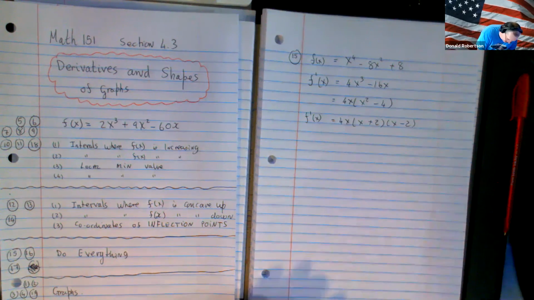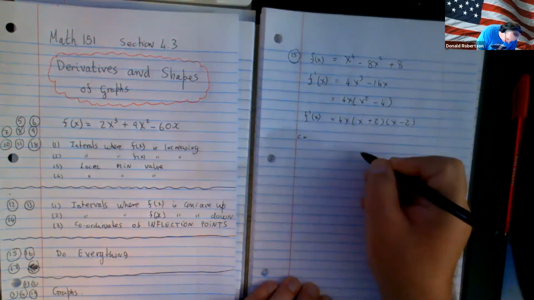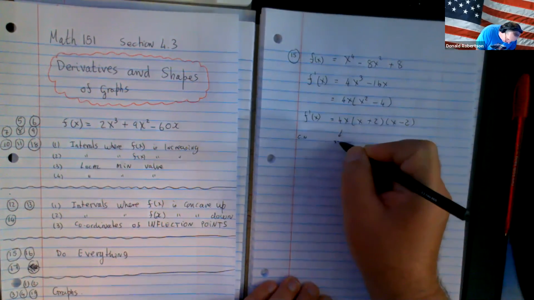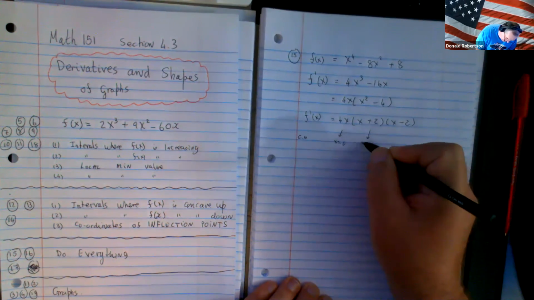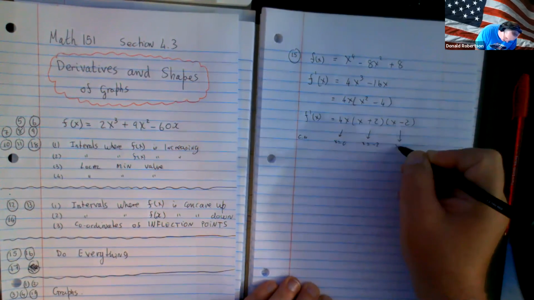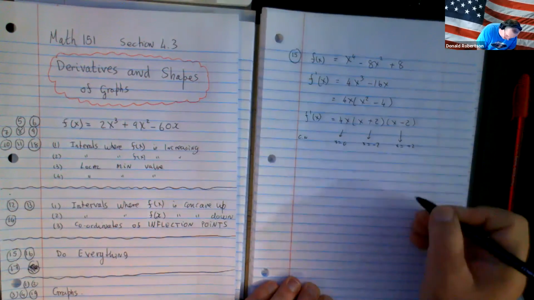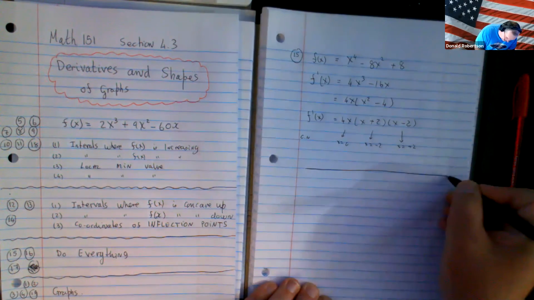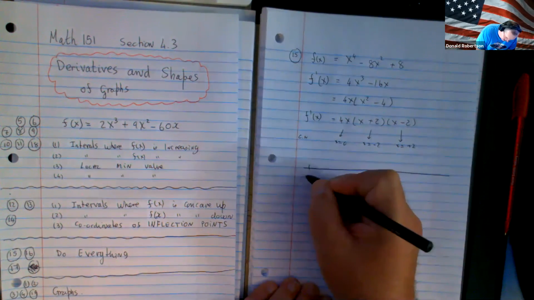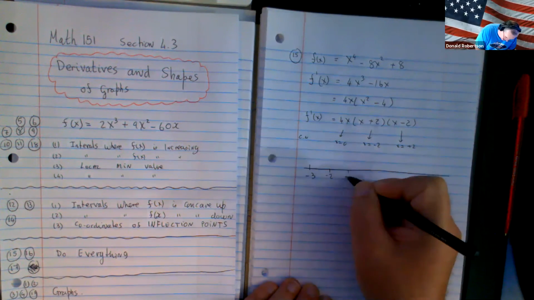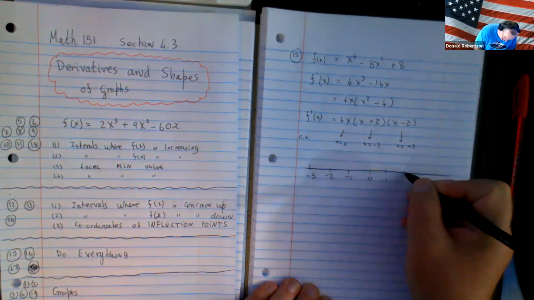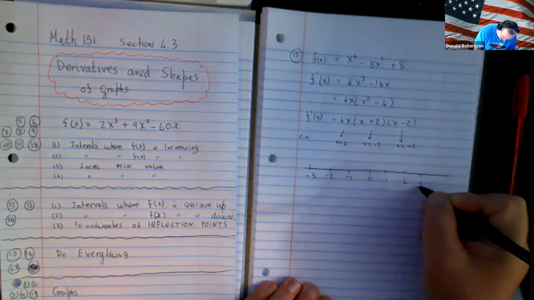Now, in this case, there are 3 critical numbers, 0, -2, and +2. That's going to give me a number line that looks something like this.